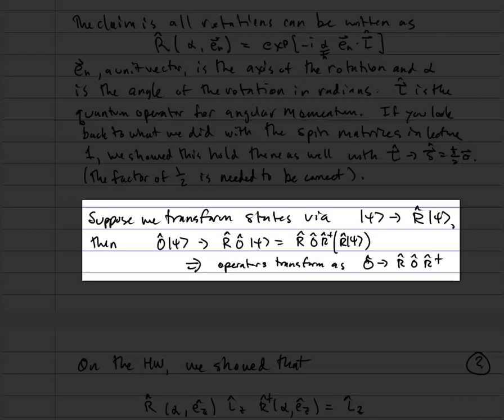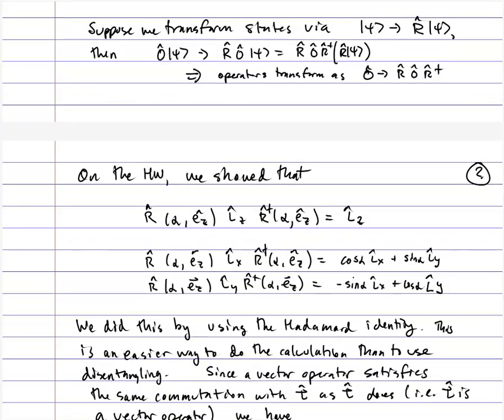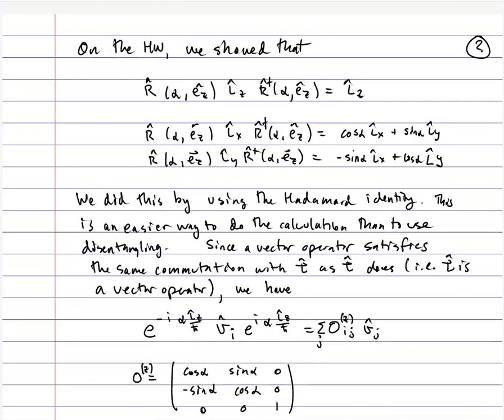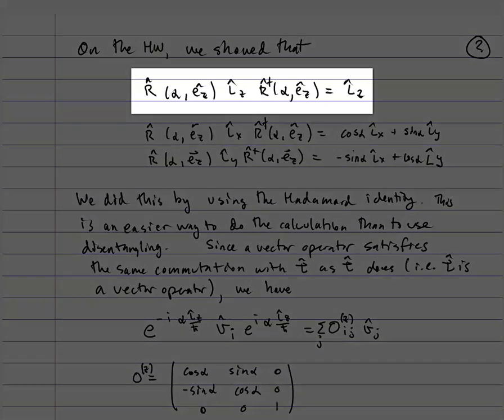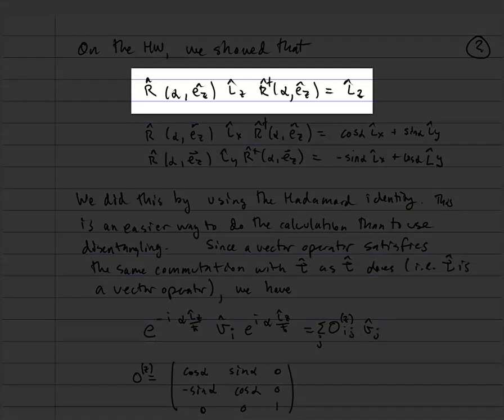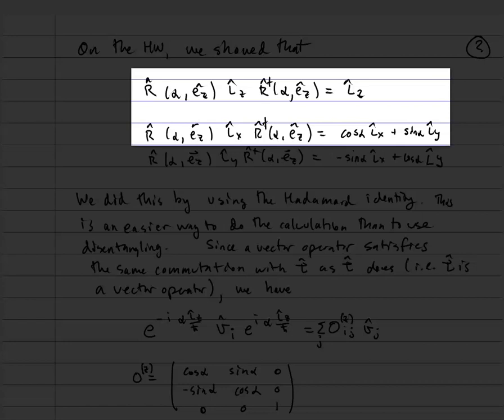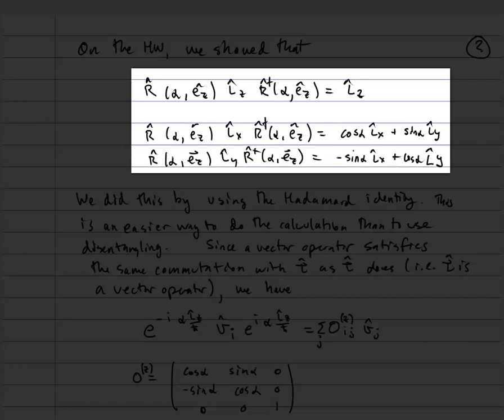Okay? Now, on the homework, we showed that this Hadamard transformation, R Lz R dagger is equal to Lz, and R Lx R dagger was cosine alpha Lx plus sine alpha Ly, and R Ly R dagger is minus sine alpha Lx plus cosine alpha Ly.